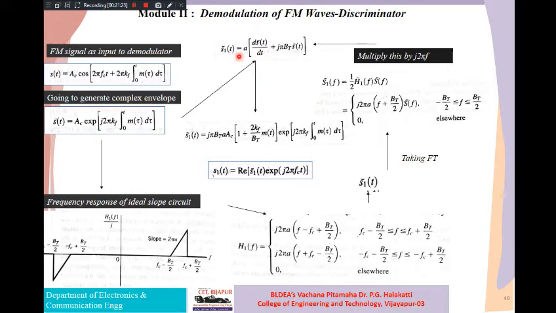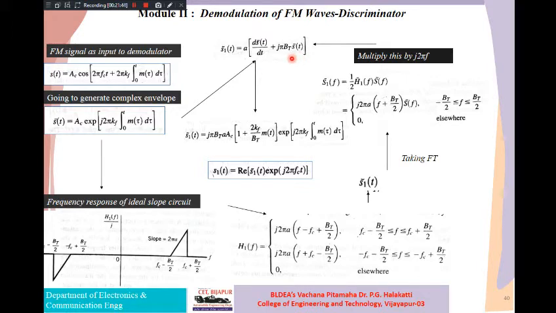So this S1'(t) is going to be the output of the slope detector, the slope circuit. That is A times dS'(t) by dt plus j pi BT S'(t), where BT is the bandwidth of the baseband signal.